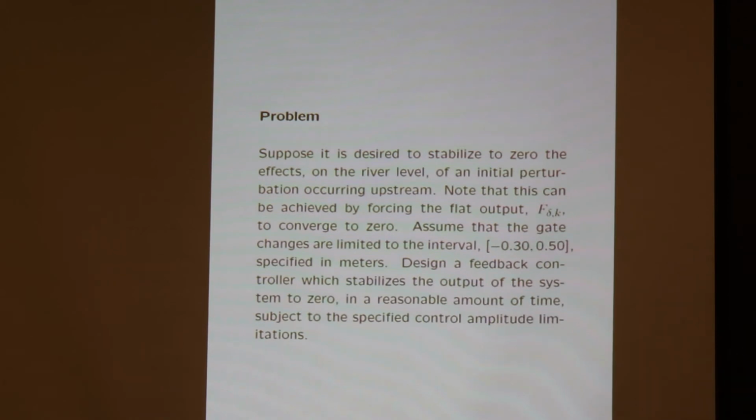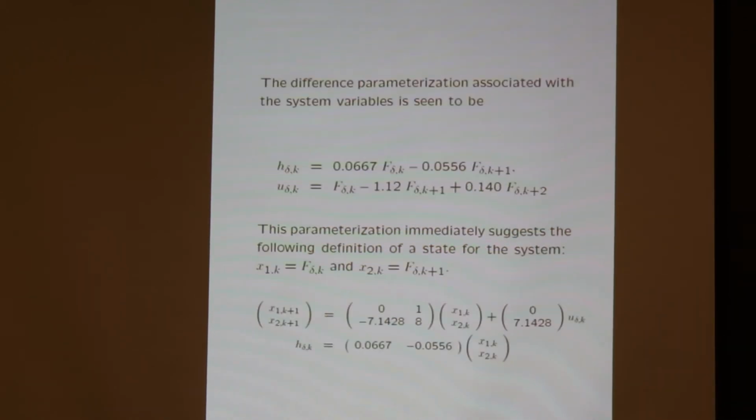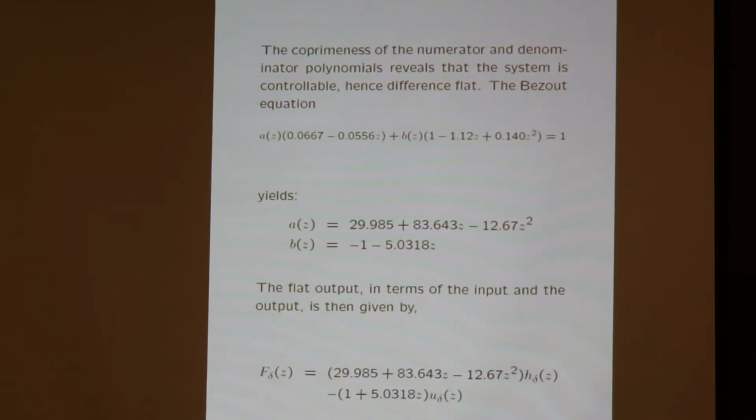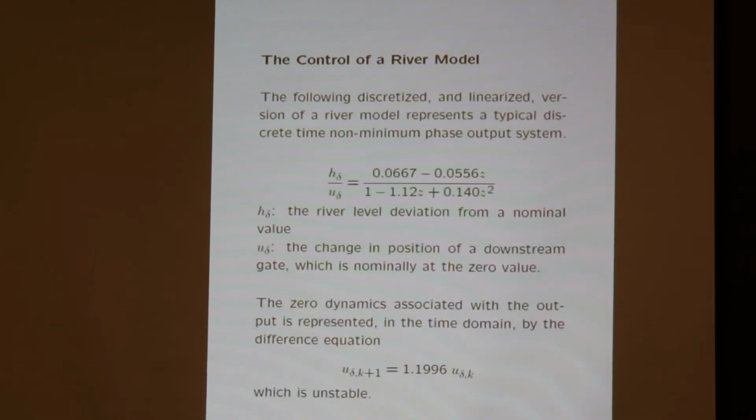So it's very much the same. And of course, because of the flat output representation in terms of the input, this polynomial happens to be stable, and therefore the flat output will be stably controlled by U delta.